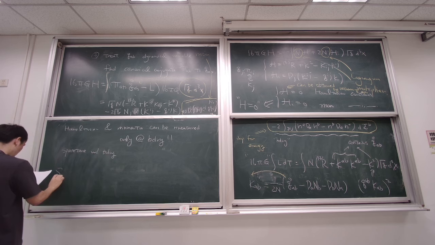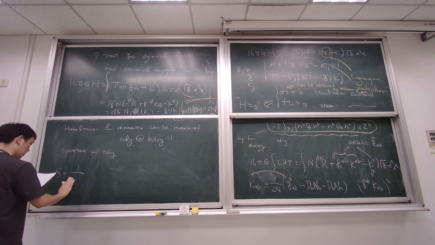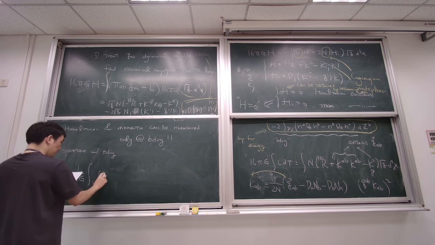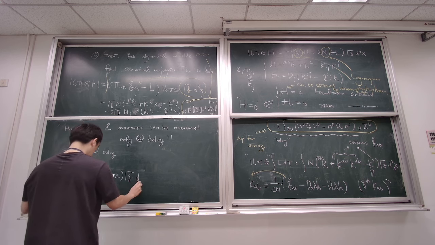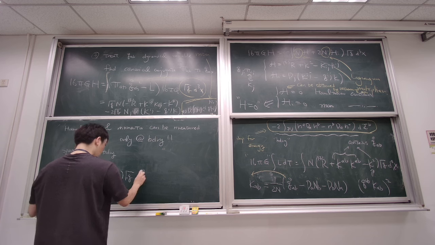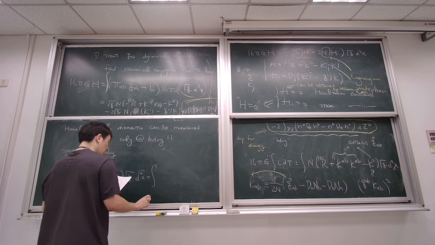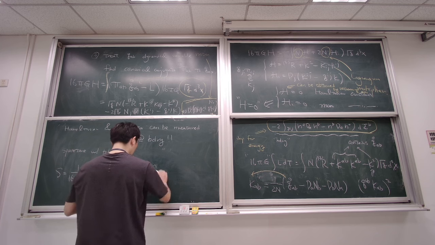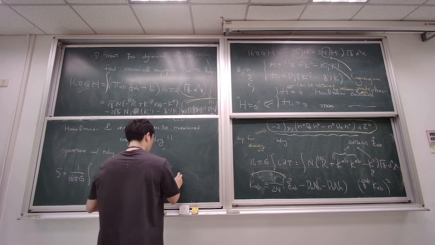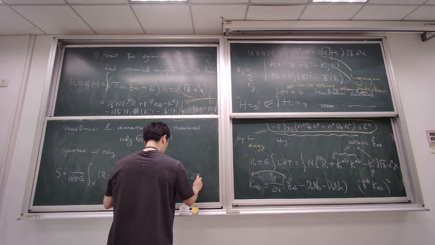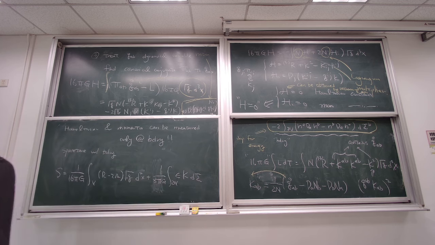The Einstein action can be modified as follows: 1/16 pi G, the integral of R minus 2 lambda, square root of minus g d^4x, plus the boundary term.